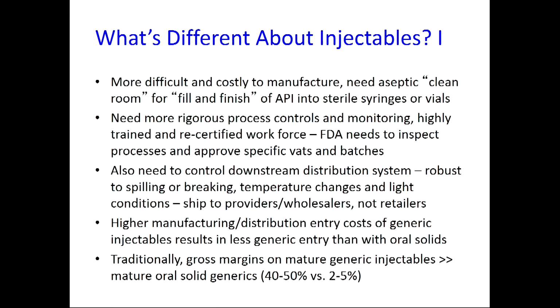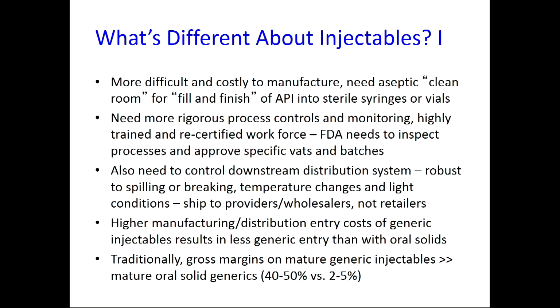So what's different about injectables? Well, they're more difficult and costly to manufacture. You need aseptic clean rooms for fill and finish of the active pharmaceutical ingredient into sterile syringes or vials. You need very rigorous process controls, a highly trained, recertified workforce that's subject to numerous periodic FDA inspections.